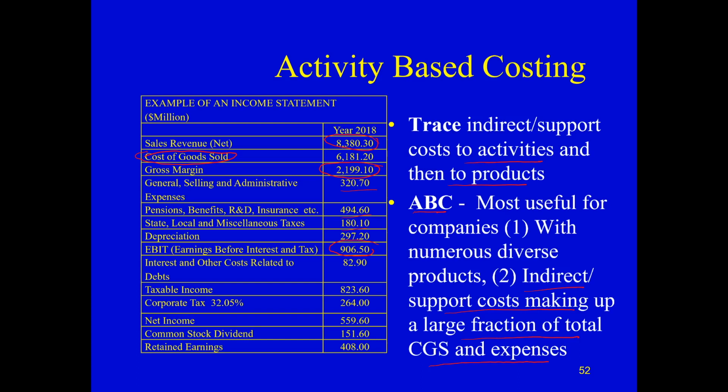On that you pay interest and other costs related to debts, and then this becomes the taxable income. On this taxable income, you pay corporate tax, let's say 32%. Then this is our net income. This net income may be divided into two things: common stock dividends and retained earnings.